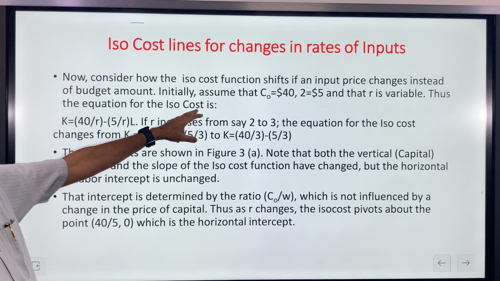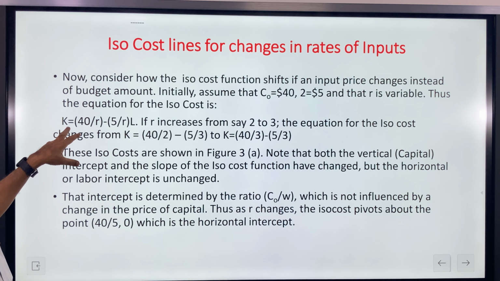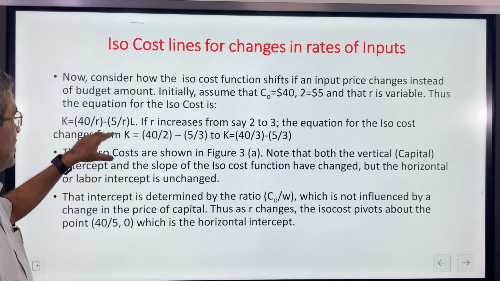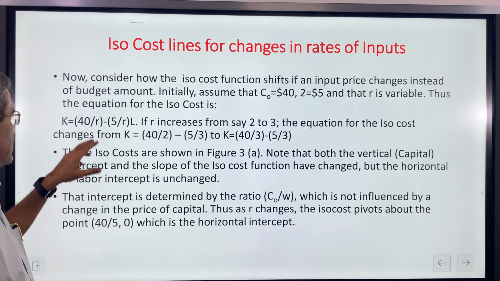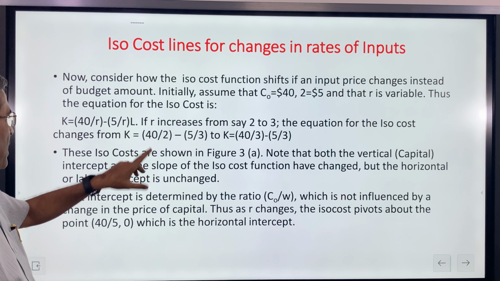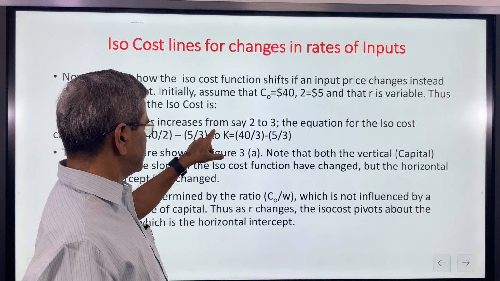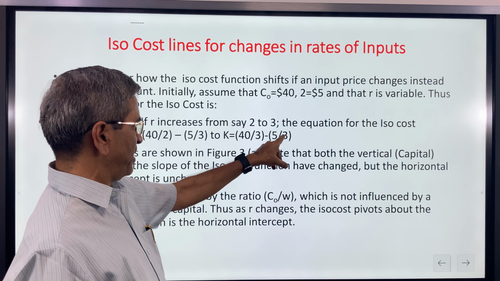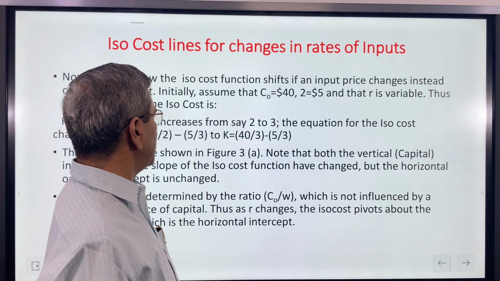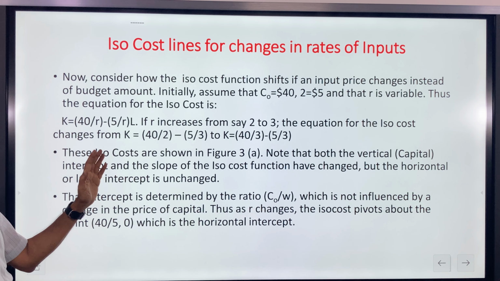So the equation for the isocost is K equals 40 divided by R minus 5 divided by R into L. Then if R increases from say 2 to 3, the equation for the isocost will change like this.